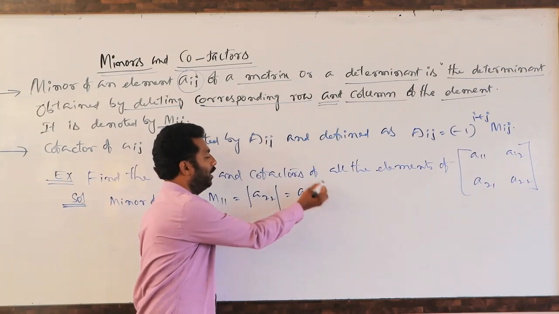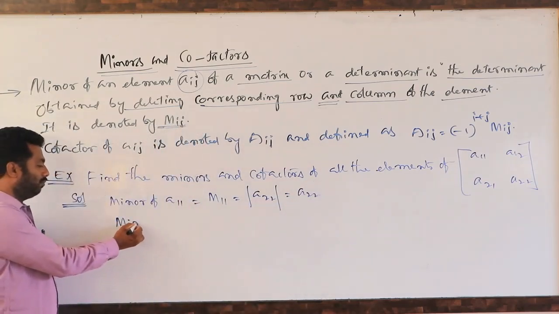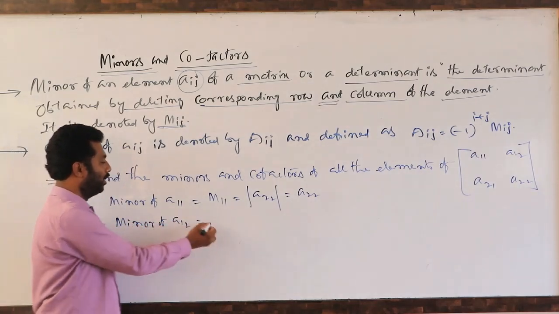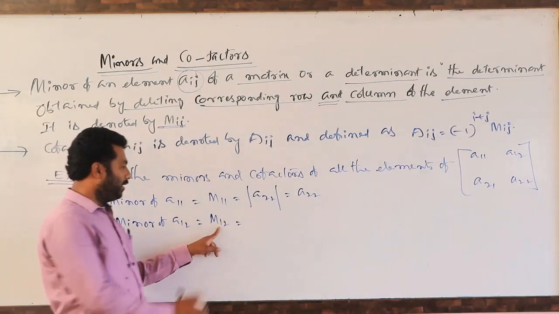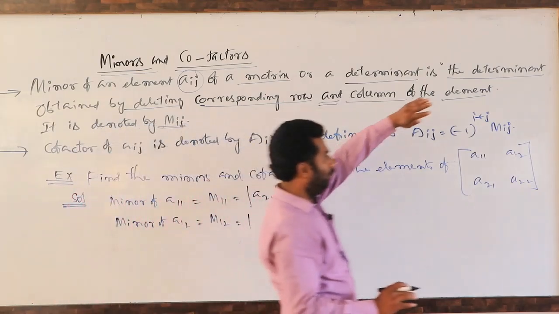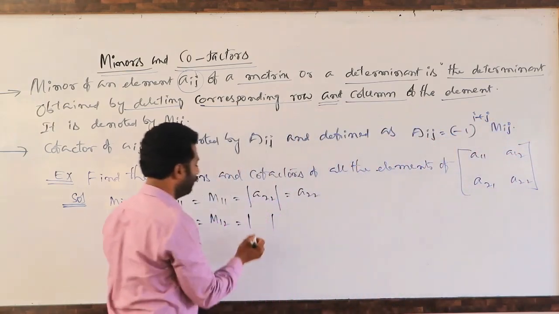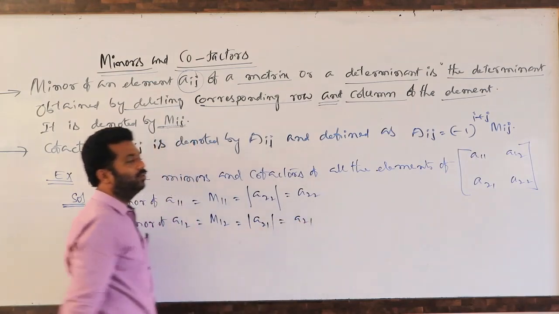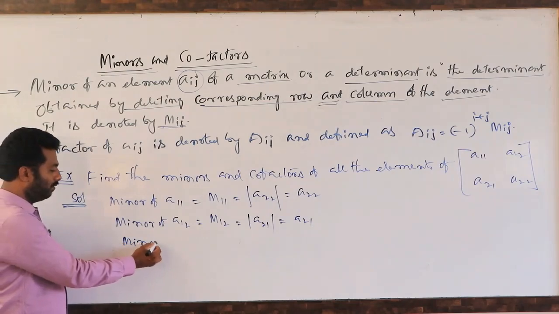Then the minor of A12 is denoted by M12. It is a determinant obtained by deleting first row, second column. What is left? That is A21.